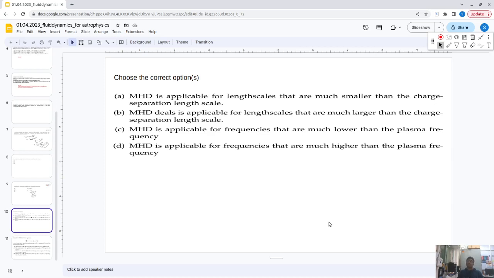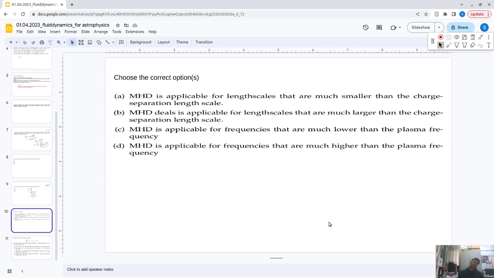That is one thing. The second thing is collective behavior. What does that mean? If you have some charge imbalance within the plasma, then the individual particles will not react differently; rather, the entire collection of particles will react in a particular manner.